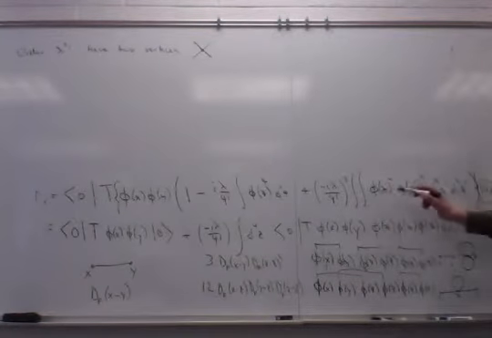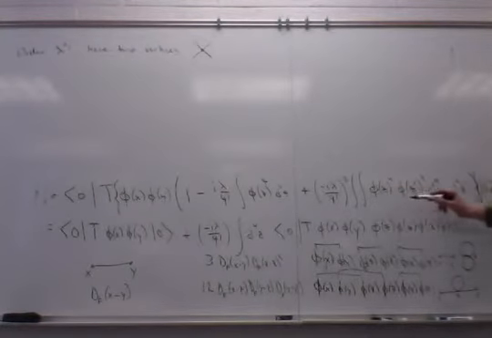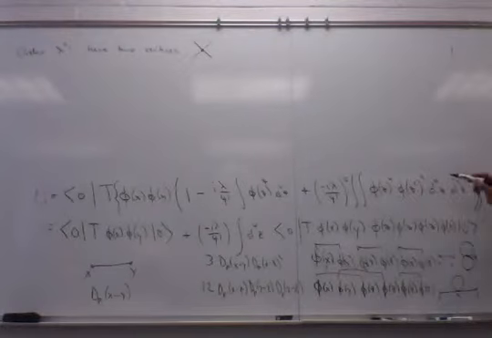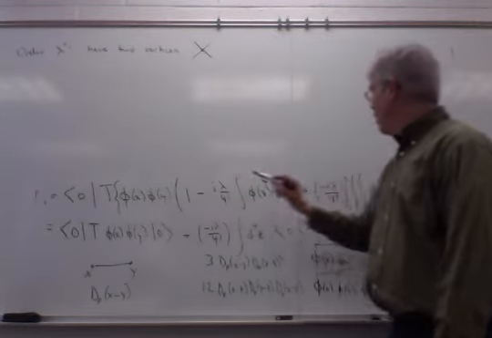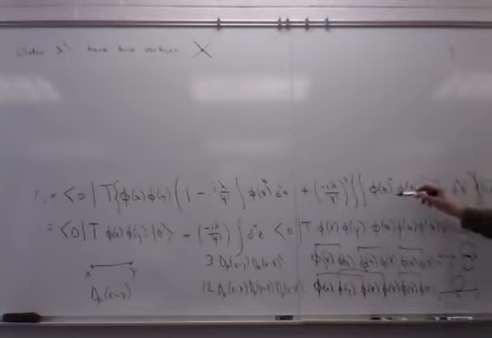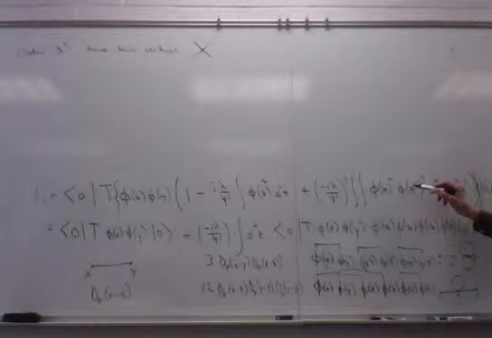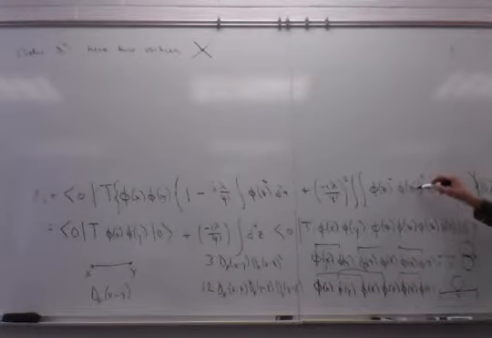Okay, and it's going to come from this term here. It's going to have phi of x, phi of y, and then 8 more factors of phi from the expansion of the exponential. Okay? And 1 vertex at z and 1 vertex at z prime.